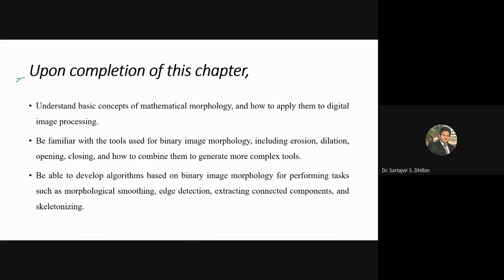What is the outcome of this chapter? You will be able to understand what mathematical morphology is and how we can apply it in digital image processing. There are various tools used for binary image morphology, which include erosion, dilation, opening, and closing, and these are the most important terms.